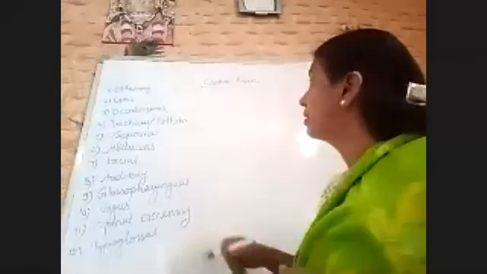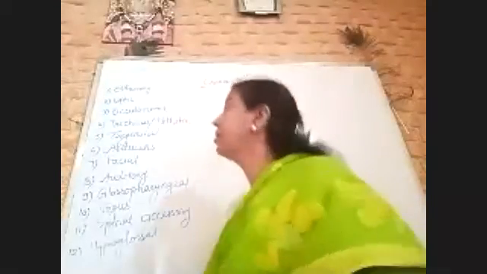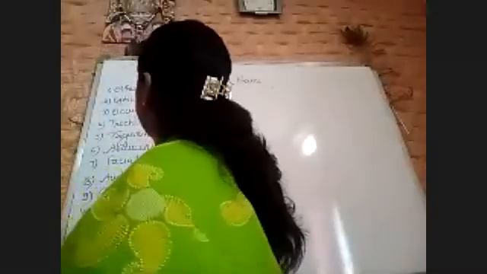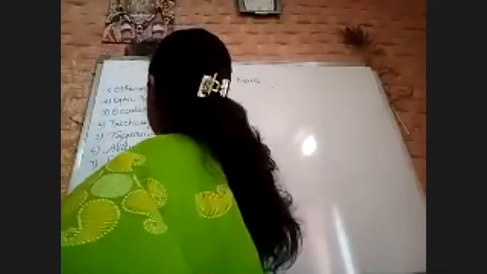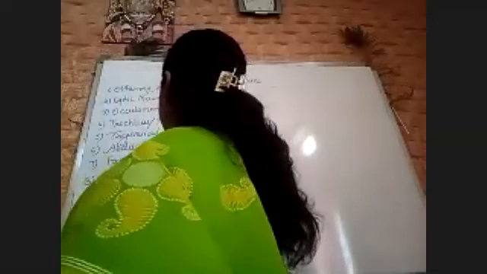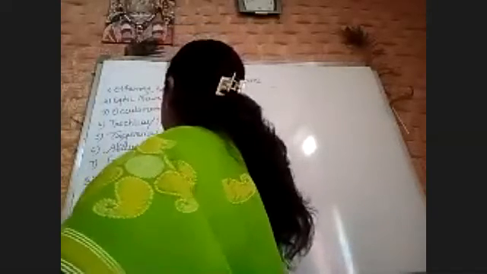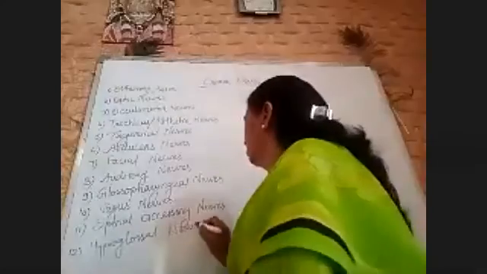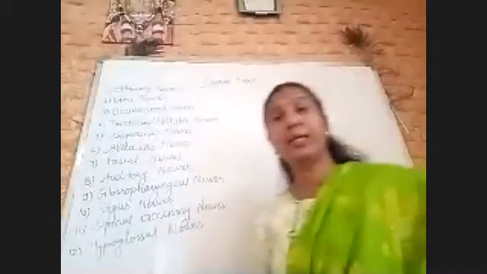These are the names of cranial nerves in proper sequence. So these are the 12 cranial nerves.